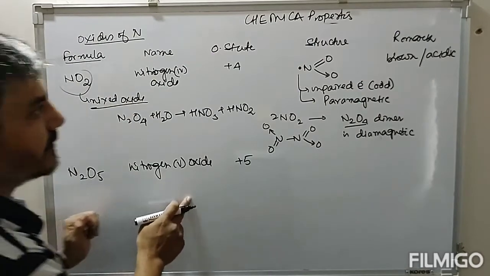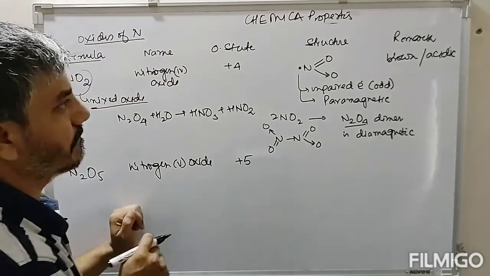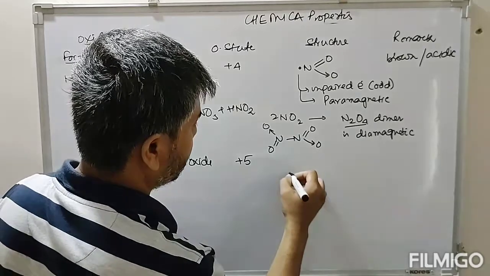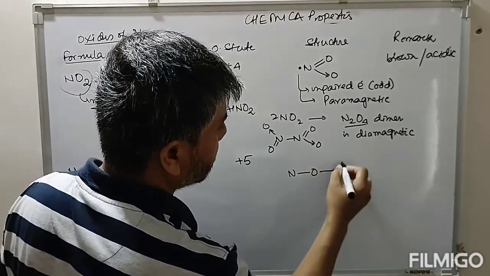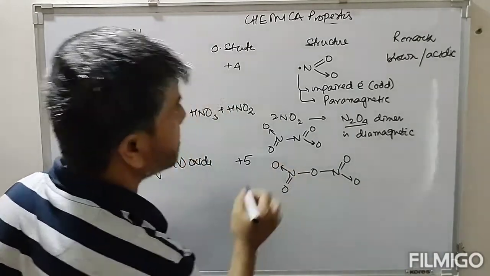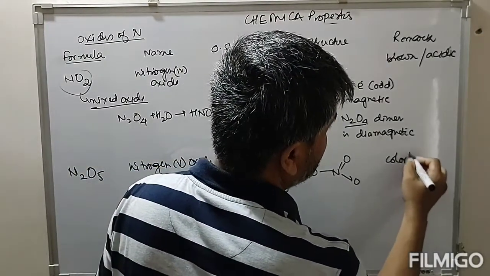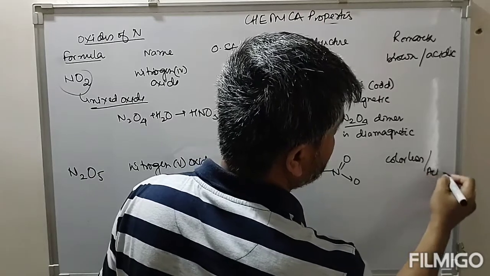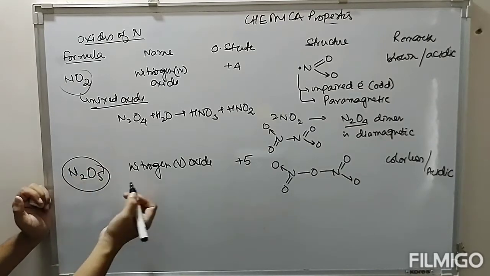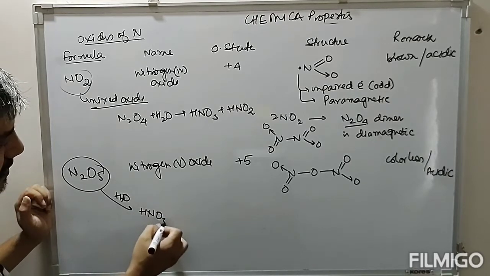Then we have N2O5: nitrogen, oxygen, nitrogen. This is the structure of N2O5. This is colorless and also acidic in nature. This is known as the anhydride of nitric acid because on hydrolysis it gives you nitric acid.